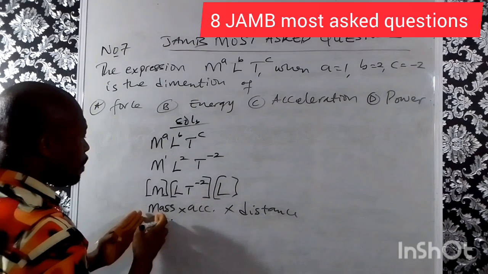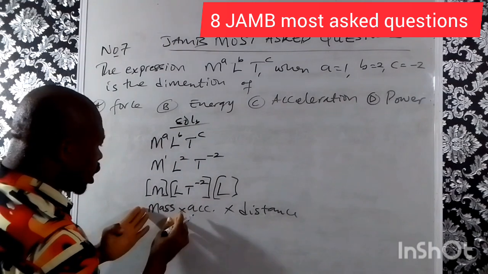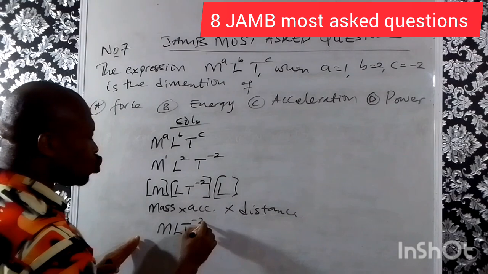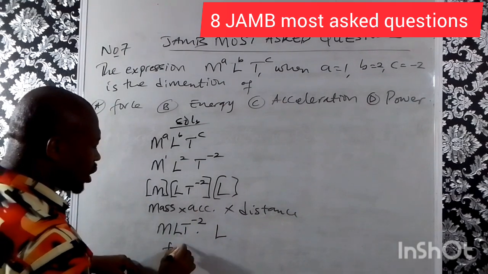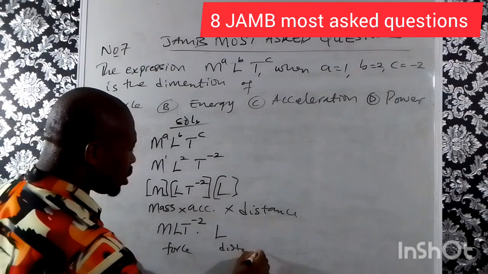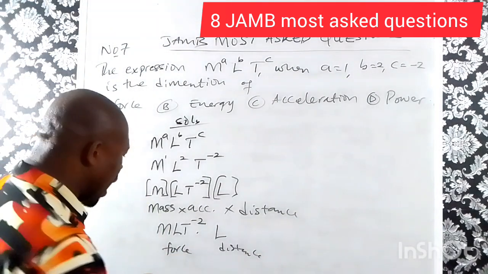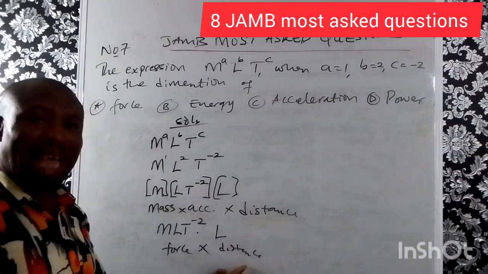Now, mass times acceleration is force. These two, that means MLT^-2 times L. This one is force, while this one is distance. Now, we have which of the parameters has the expression for force times distance.